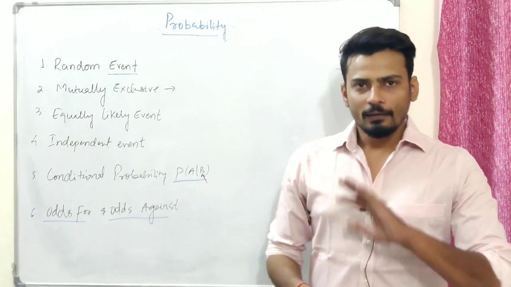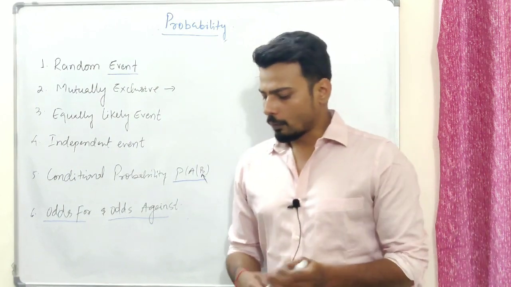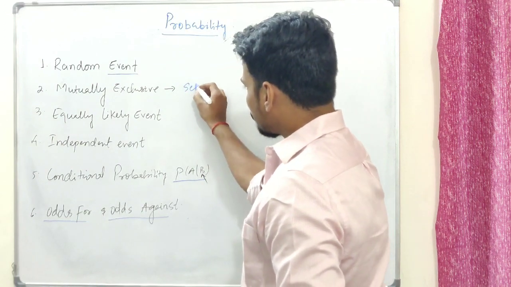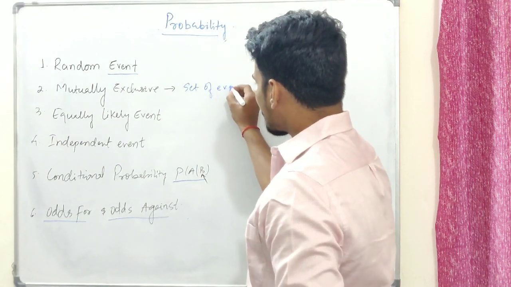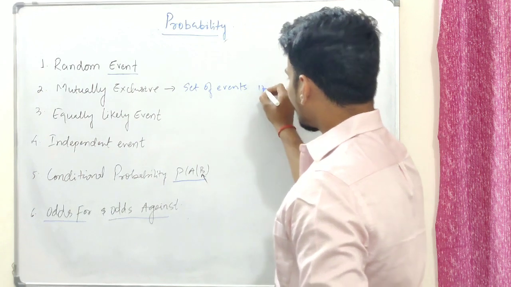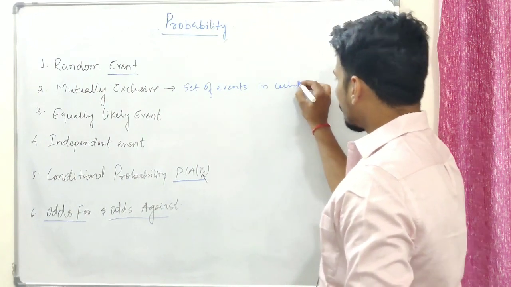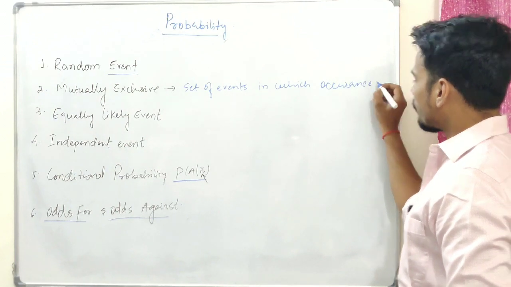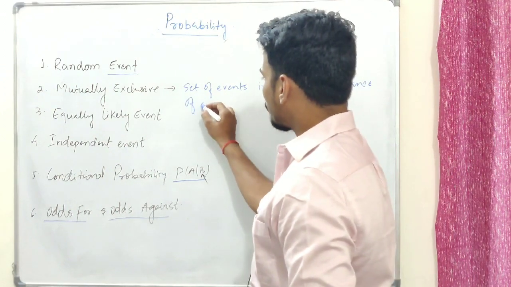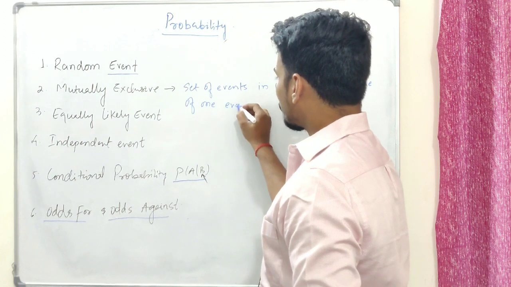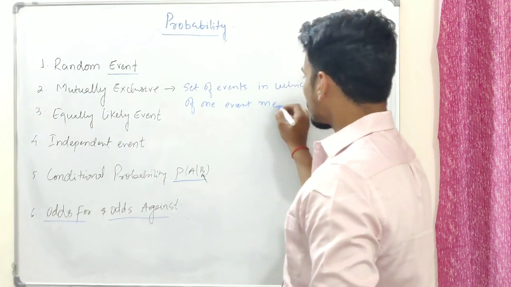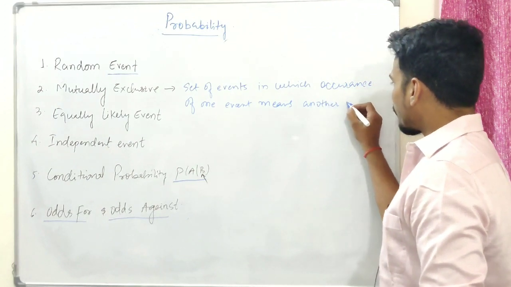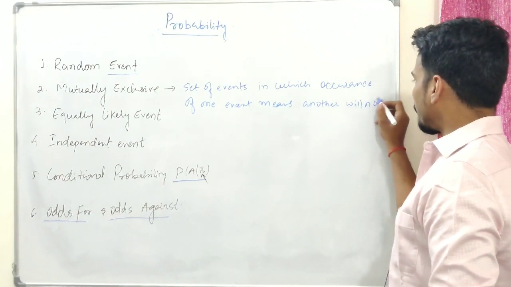Is that okay? So if you want to write, you can make a note of this one: a set of events in which occurrence of one event means another will not happen.